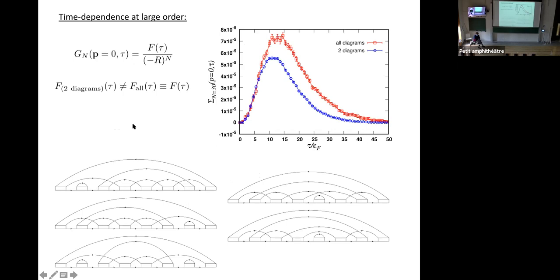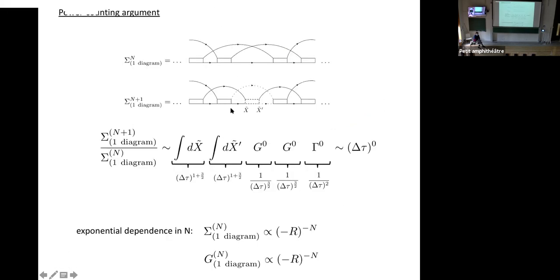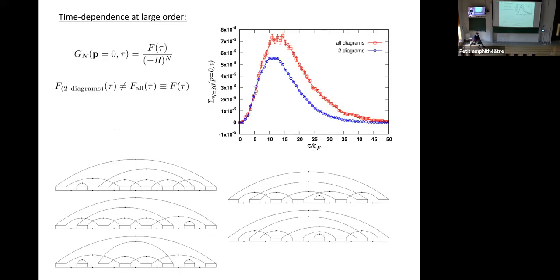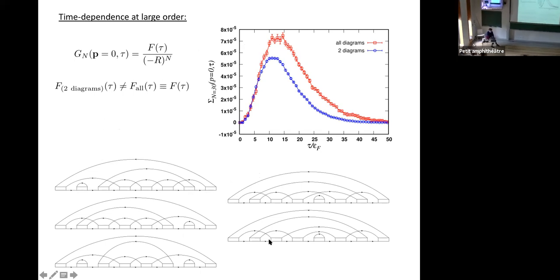That being said, these diagrams are not the only ones which have this property, this sort of scale invariance. There are other topologies, if we add simple pieces like that, which also will contribute to the same large order behavior.